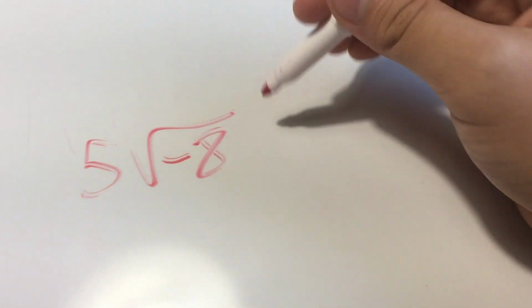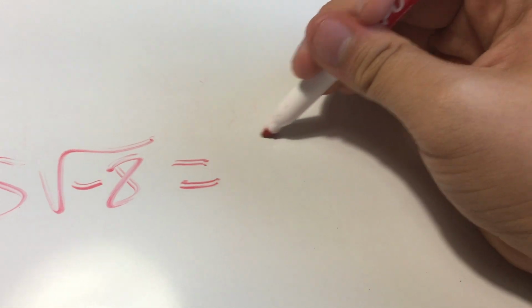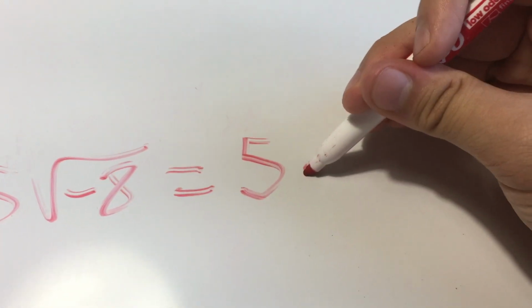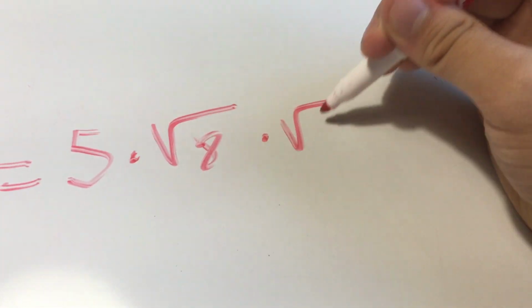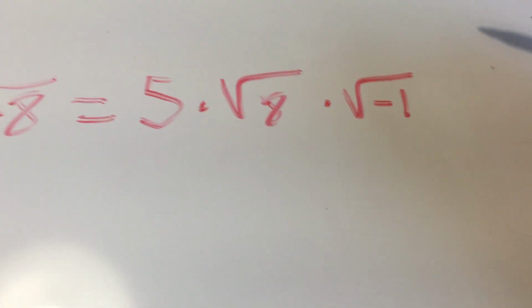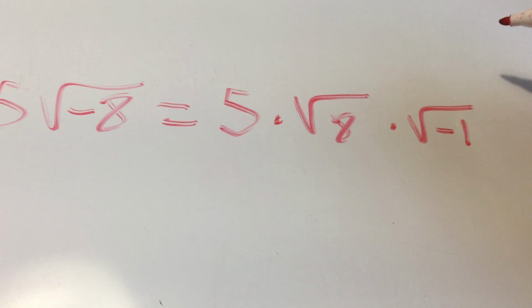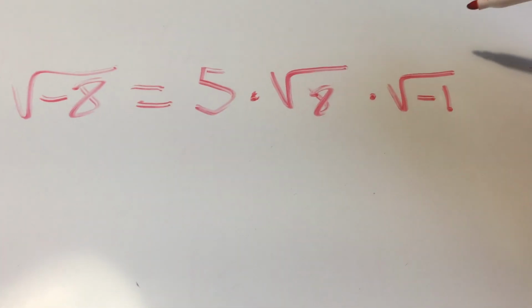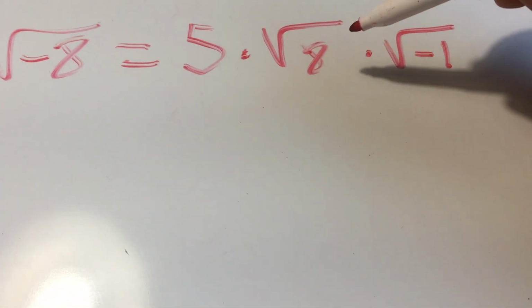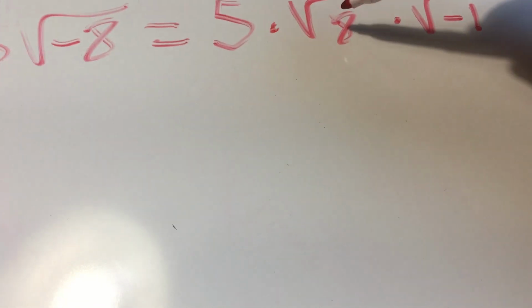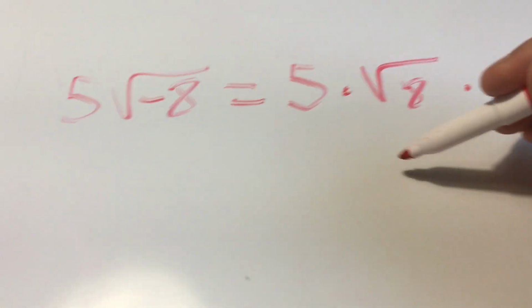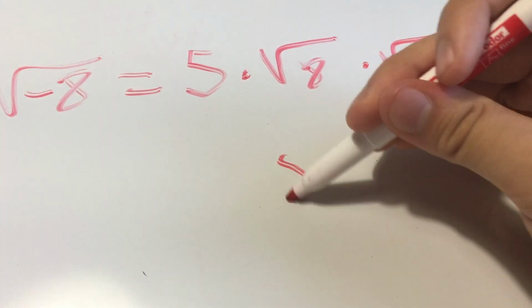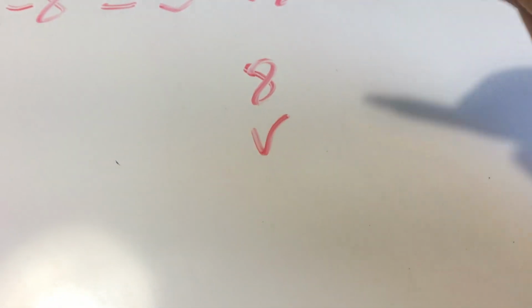Okay, we can write it as 5 times the square root of 8 times negative 1. Okay, so now we have to find what the square root of 8 is. So 8, we can do our factor tree.